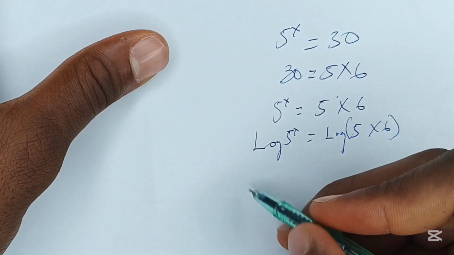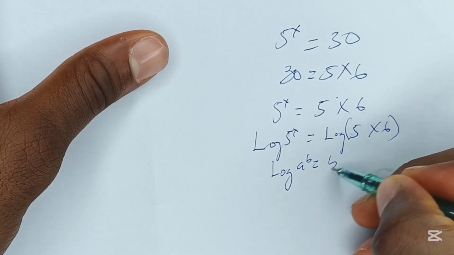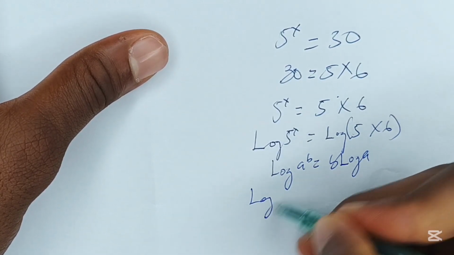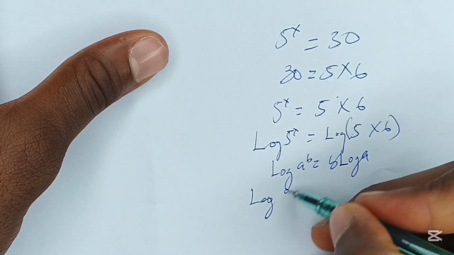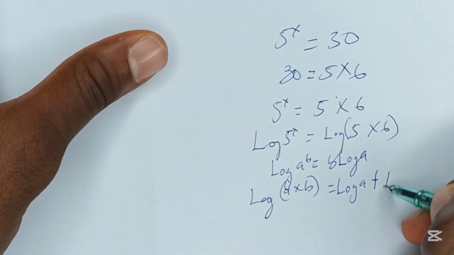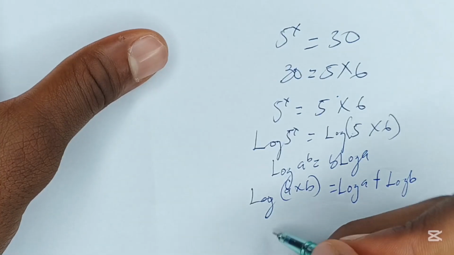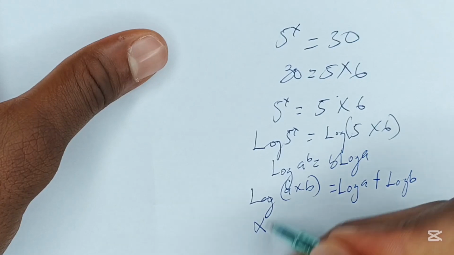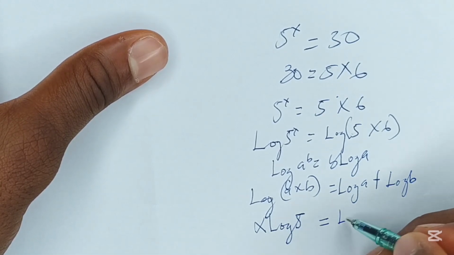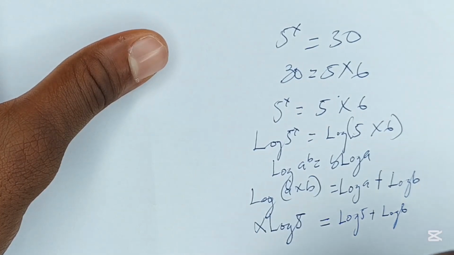Now we can say that logarithm of a to the power of b is equal to b times log of a, and then logarithm of a times b is equal to logarithm of a plus logarithm of b. Applying this here, for this side we have x times log of 5 to be equal to log of 5 plus log of 6.